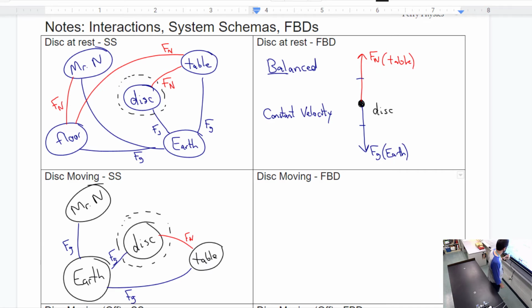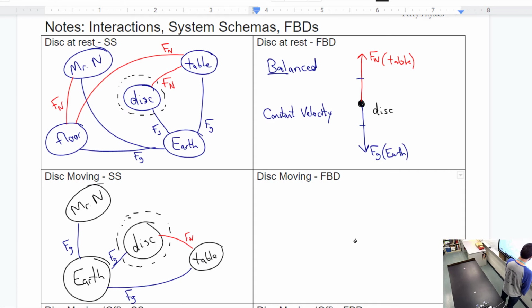And then the other question is was I pushing on the disk? Well, initially I started with a little push, but when we took our picture, I was no longer touching it. It was just floating across on its own. So there is no normal force from me when we took our snapshot. So this one, we go ahead and draw.